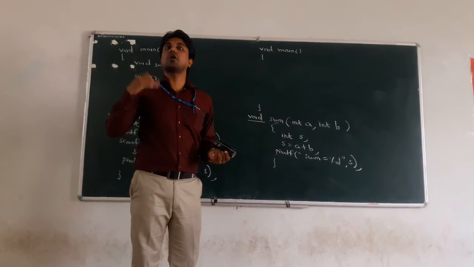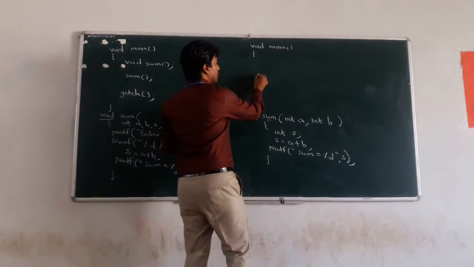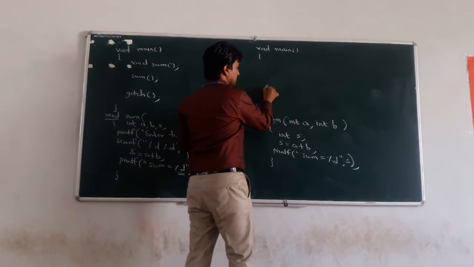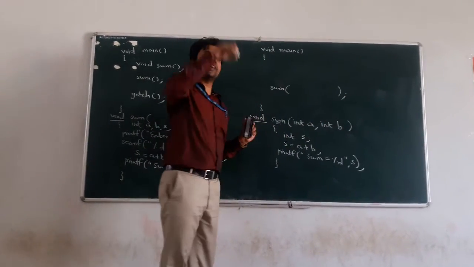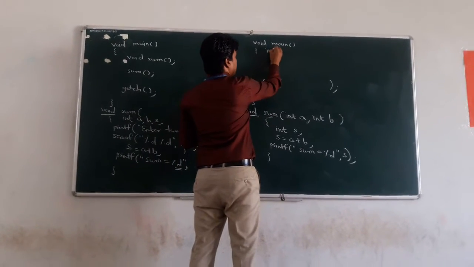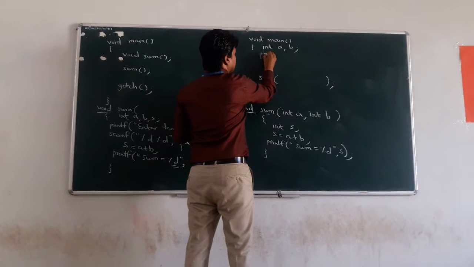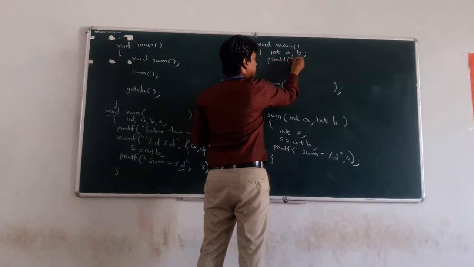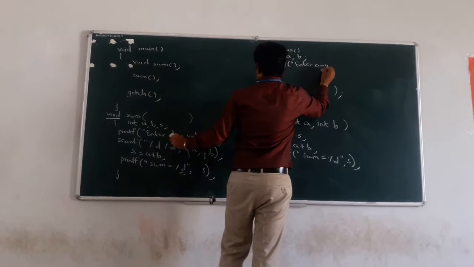Now the function call. The main function calls the sum function. How does main call it? sum, and passes the actual values. Before that, int a, b. Then the main function takes the values from the user: enter any two values.